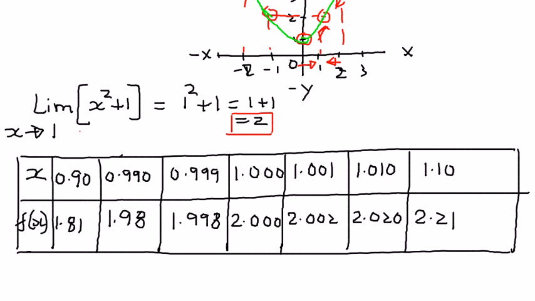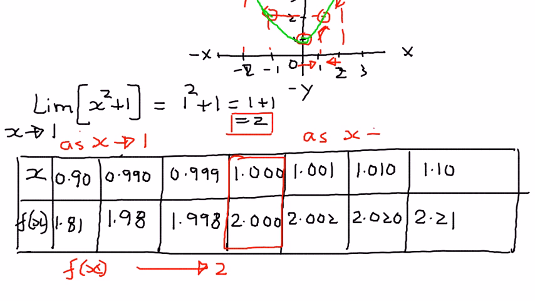Therefore, I want to put a box around this centerpiece here and say that as x approaches 1 from the left, the function f of x approaches 2, as you can see. Same thing here, as x approaches 1 from the right.